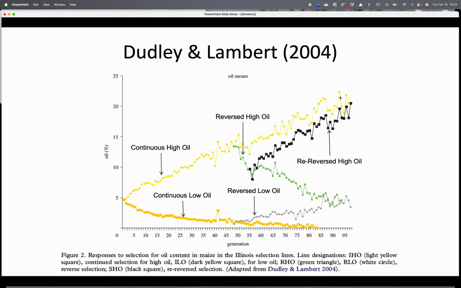Presumably the same thing is happening at the high oil end of the spectrum, where all of these individuals have a lot of dominant alleles that contribute to oil content, and as a result they're beginning to lose genetic variation for oil content. They're just losing genetic variation at the high end versus losing genetic variation at the low end.